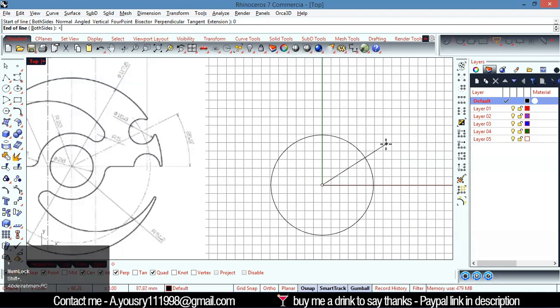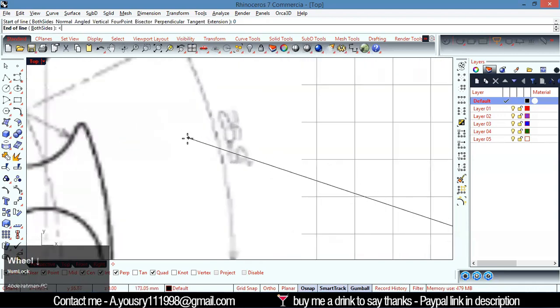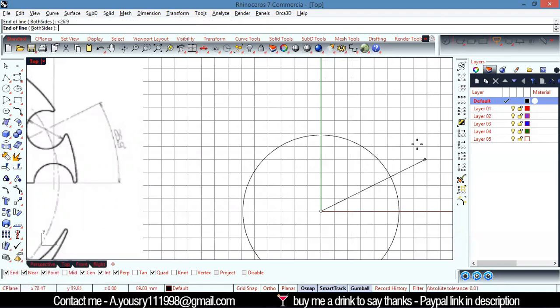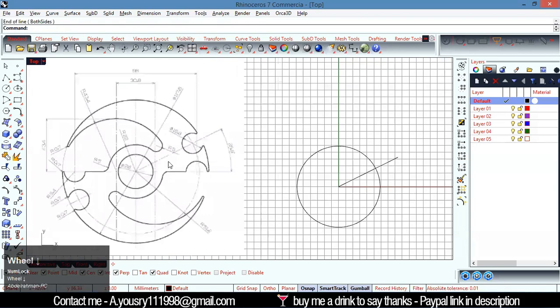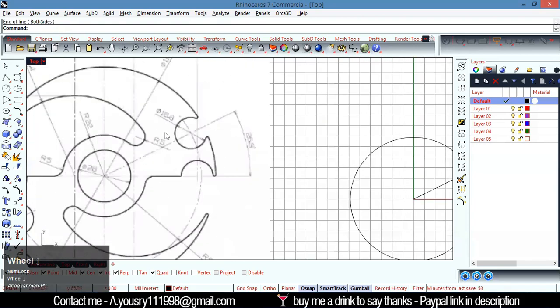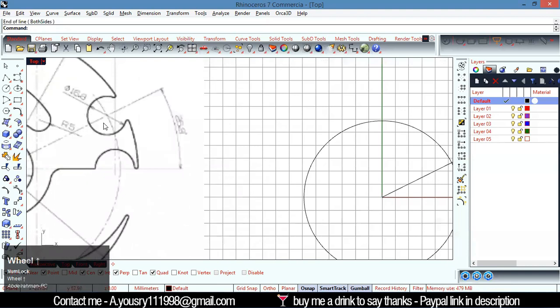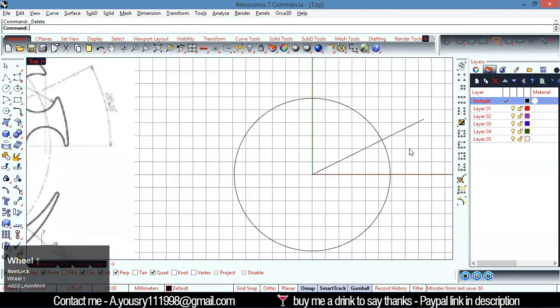I just need the angle here, 26.9. Okay, and enter. So the circle in here is going to be moving on that line and tangent to the circle here.